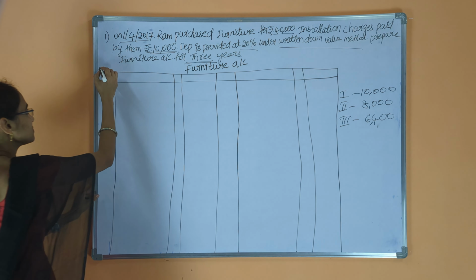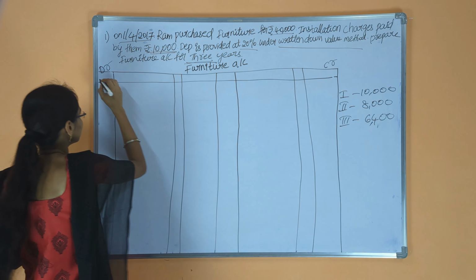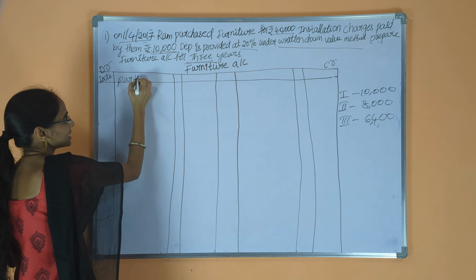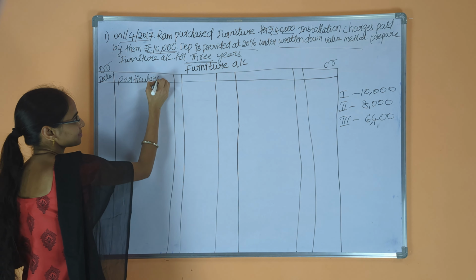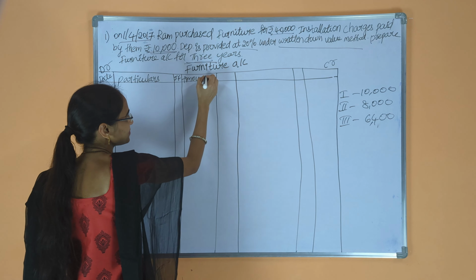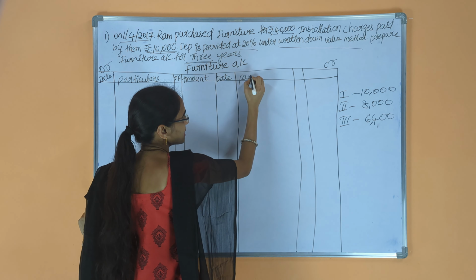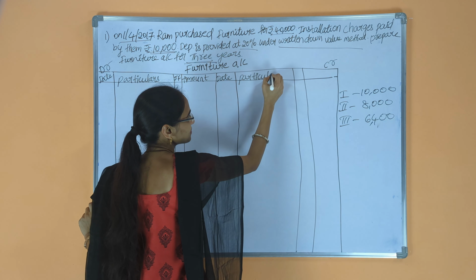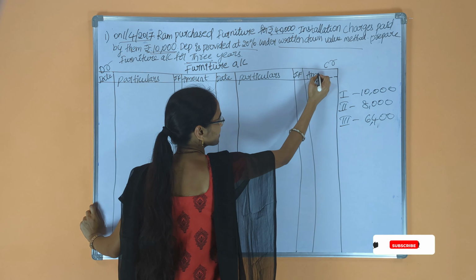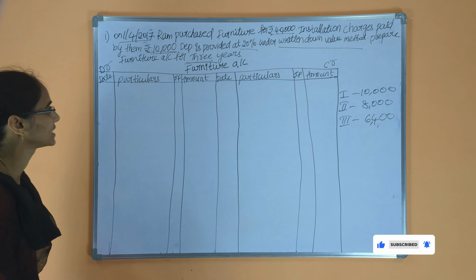Date, debit, credit, date, particulars, JF, amount, date, particulars, JF, amount. Okay, now first entry is what?